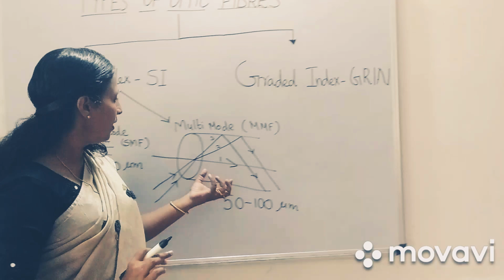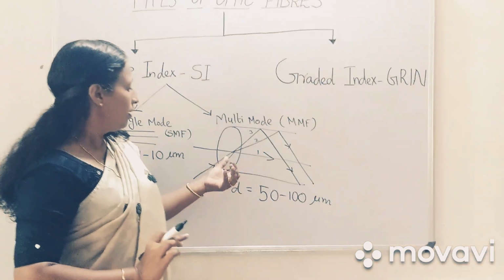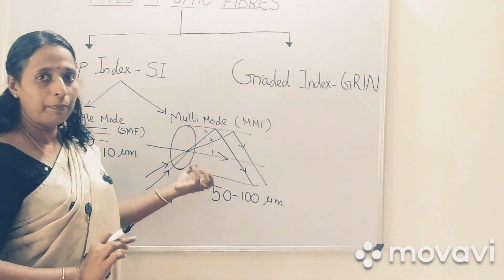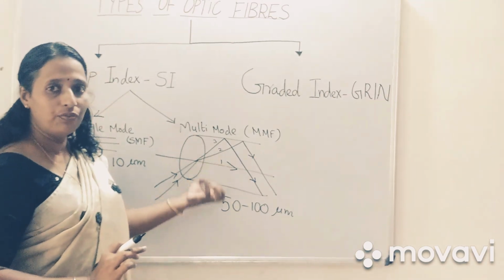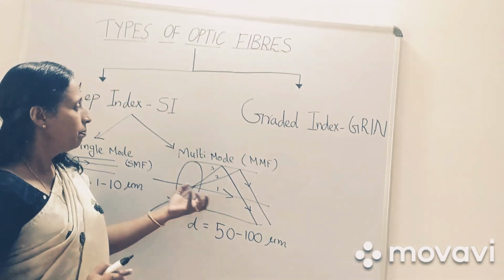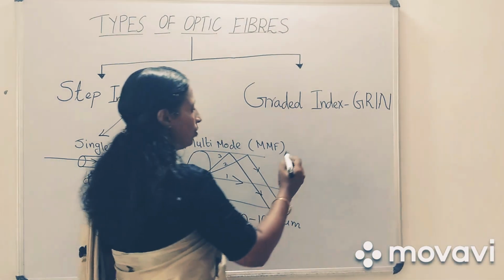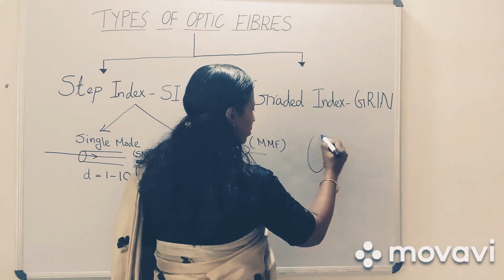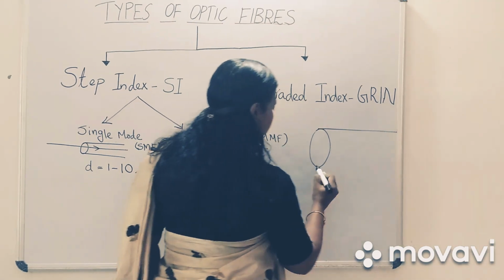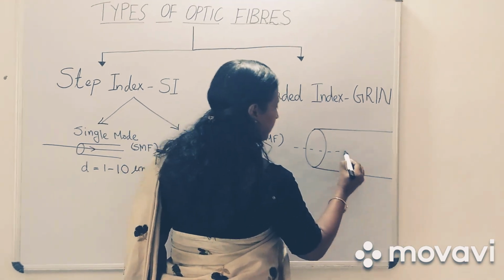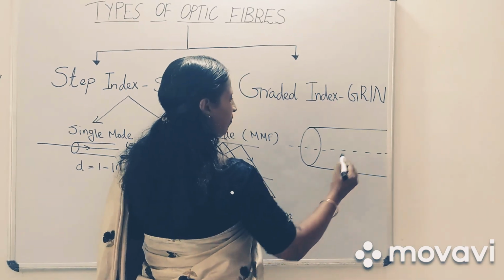Regarding the multi-mode fiber, the distortion is very high. We can rectify the effect of distortion by using graded index fiber. So we can see the modification of the structure of graded index fiber. This is the core of the fiber. This is the central axis.